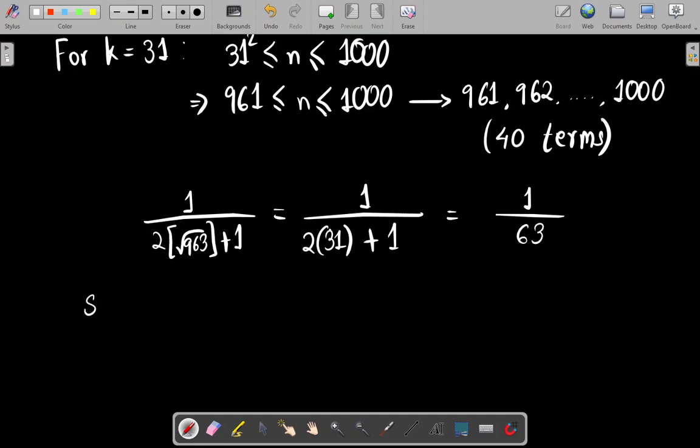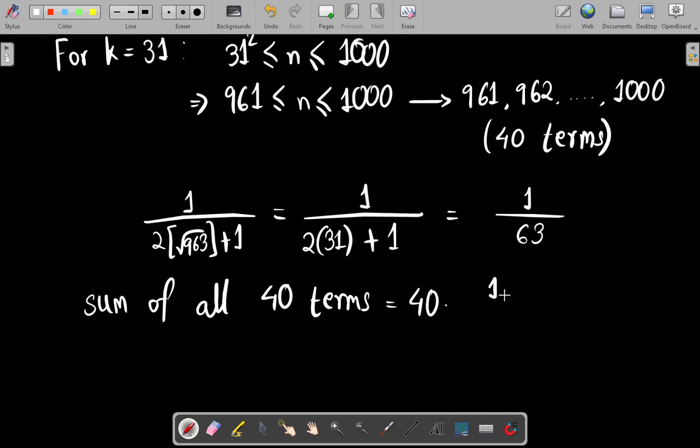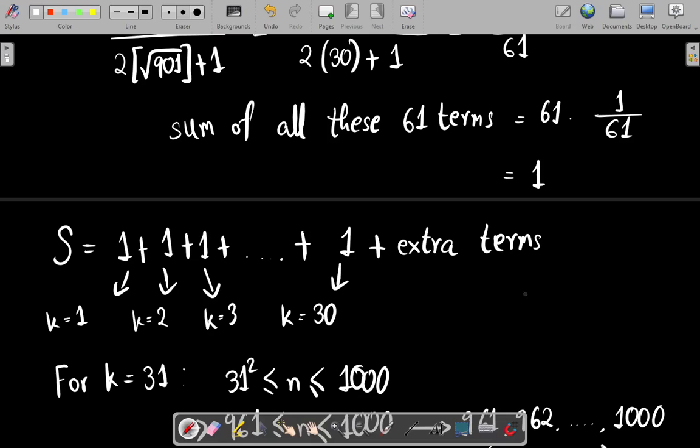So the sum of all 40 terms will be equal to 40 times this 1 upon 63. So this is 40 upon 63. These are the extra terms.